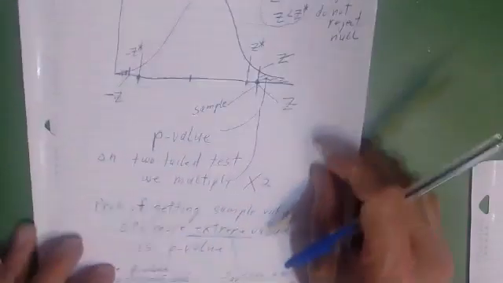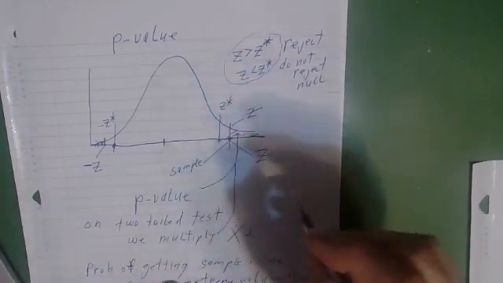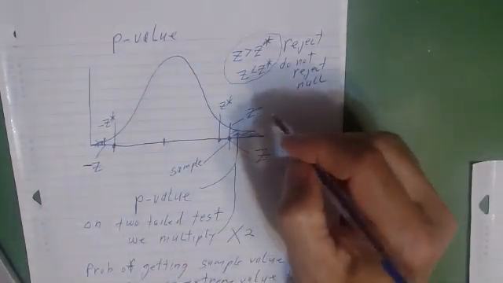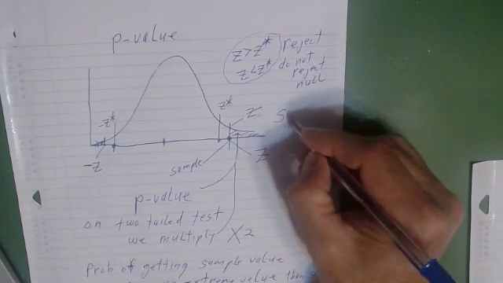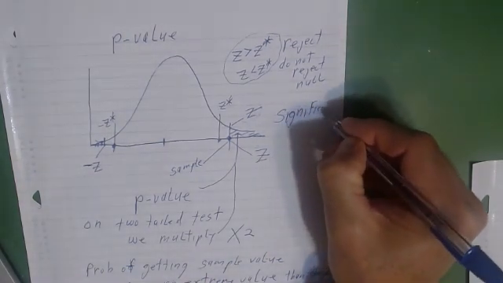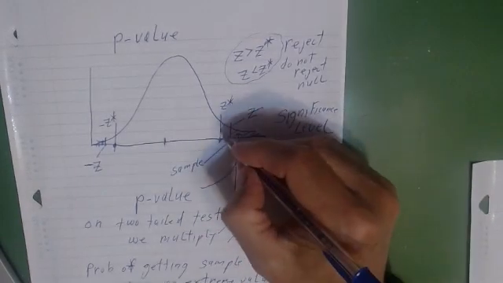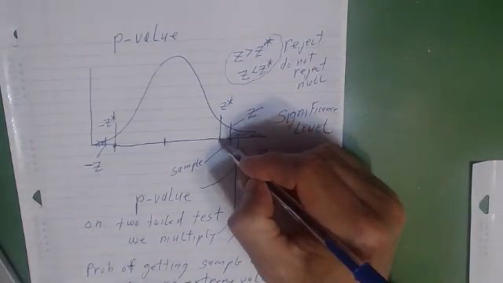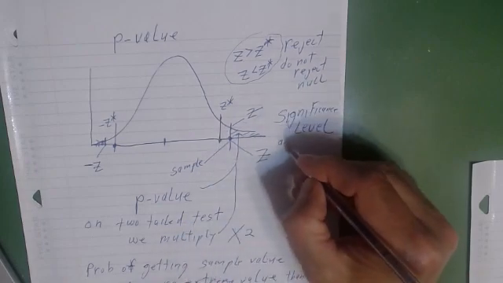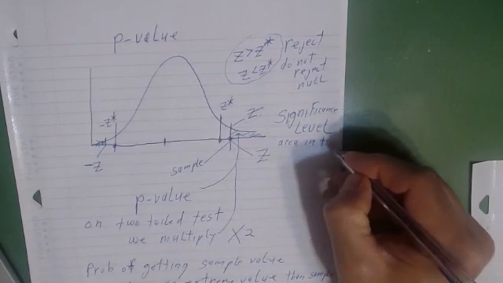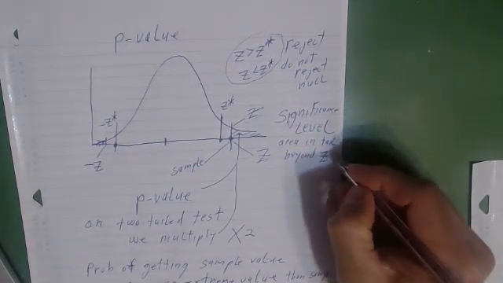So what does that mean? Here's what the significance level is. In this diagram, I know it has too much written on it, but the significance level is actually the whole area in the tail beyond z star.